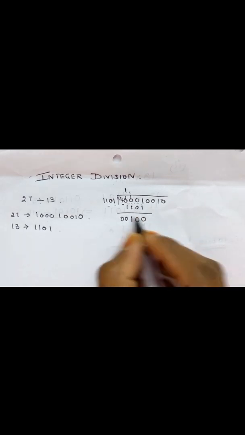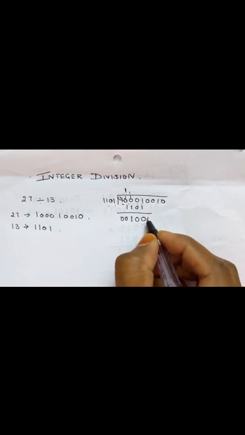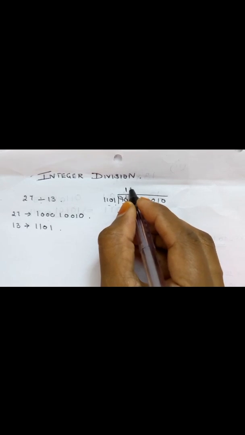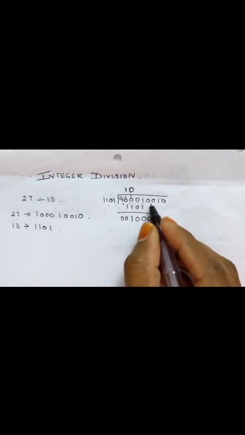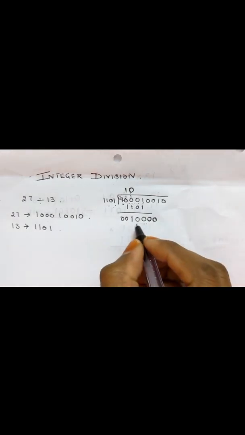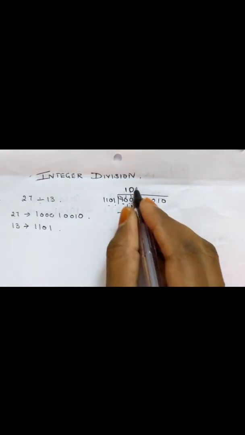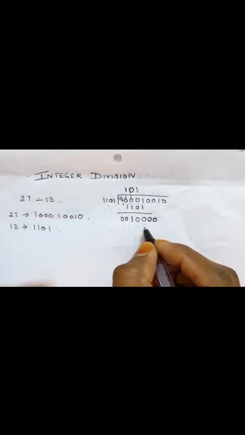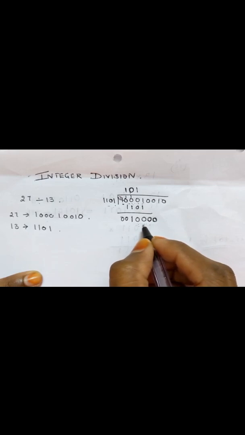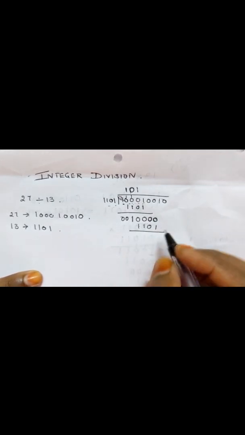Now whether this is divisible by 1101, no, so you have to take a 0 from the dividend. Whether it is divisible, no, so place a 0 over here, and again you take another bit from the dividend. Now you can take this divisor below this part, so that a subtraction operation can be performed.